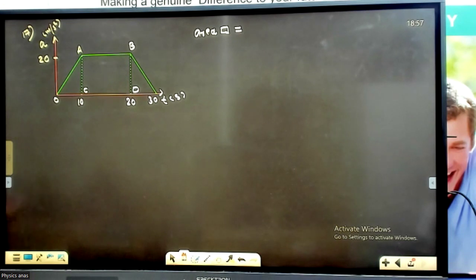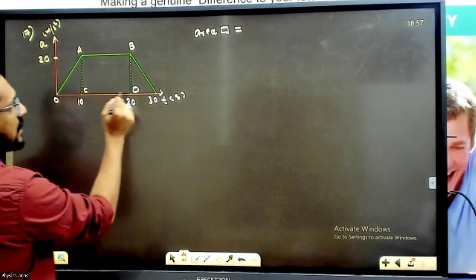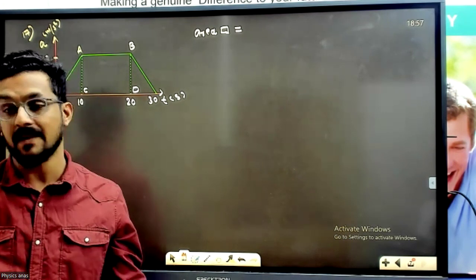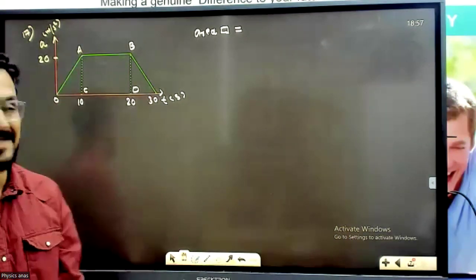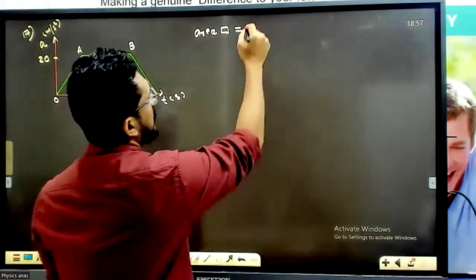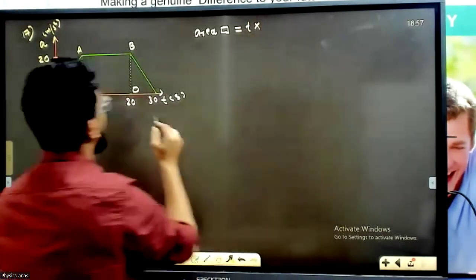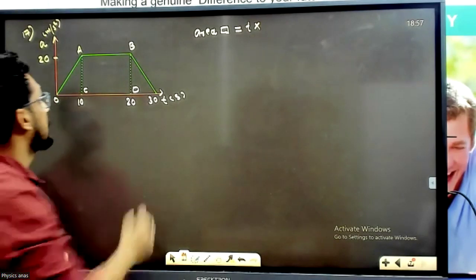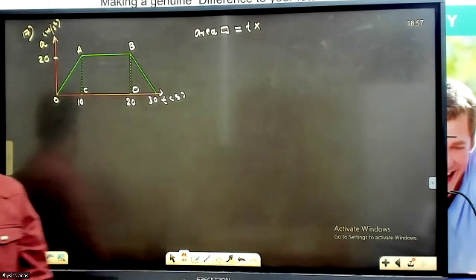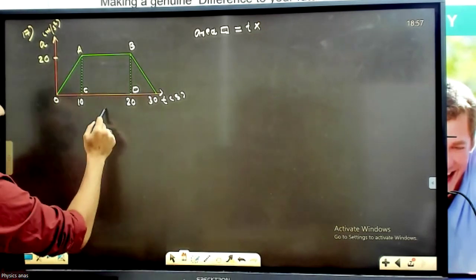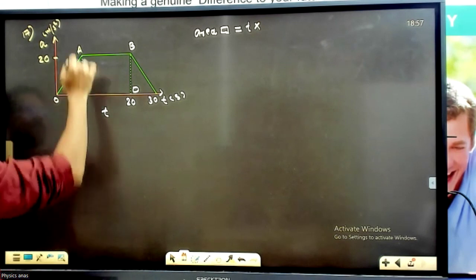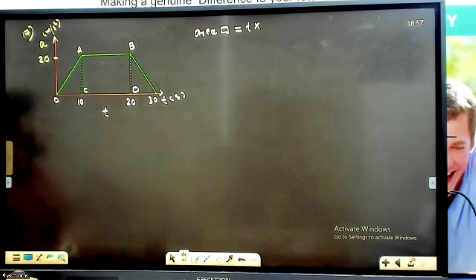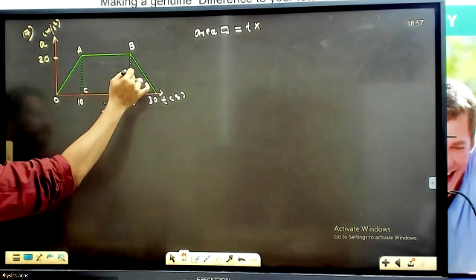What will be the area of the rectangle? Length into breadth. And here the length is what? That's time. I am not taking the values, I'm just taking what the quantity is. Here length is time, and the breadth is acceleration.